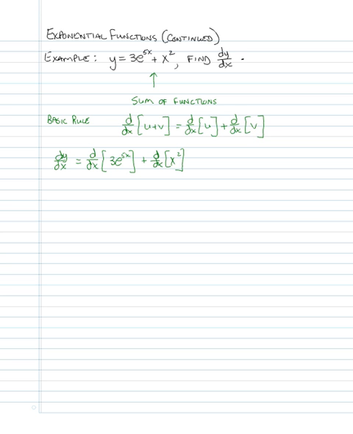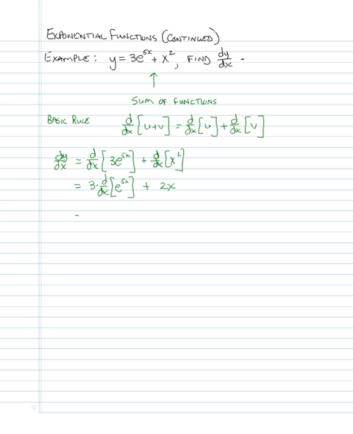Now, in the first case, we're needing to deal with the fact that we have a constant times e to the 5x. And so when we do that, if you recall, that's the constant times the derivative of the function. So we may not write this down all the time in this fashion, but I hope it's helping us understand how we approach this. And of course, the derivative of x squared we know is just 2x.